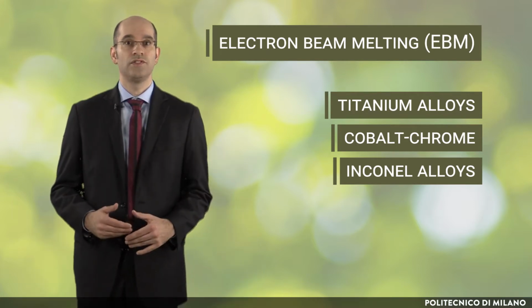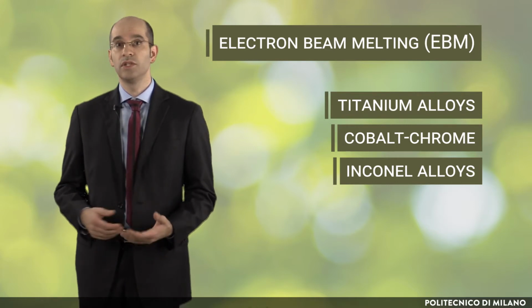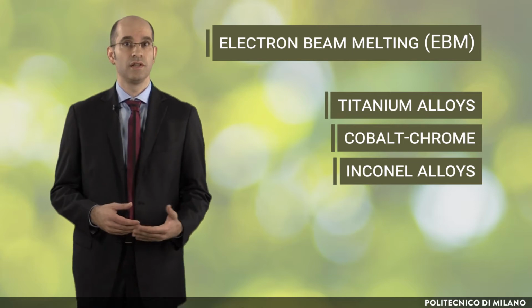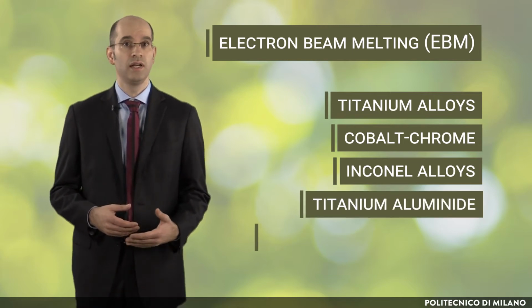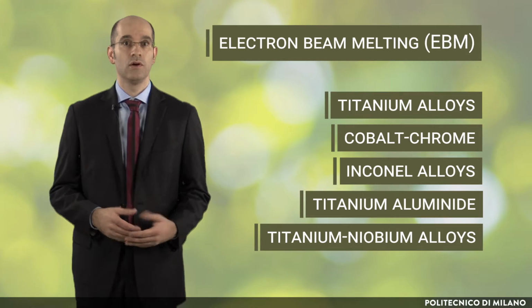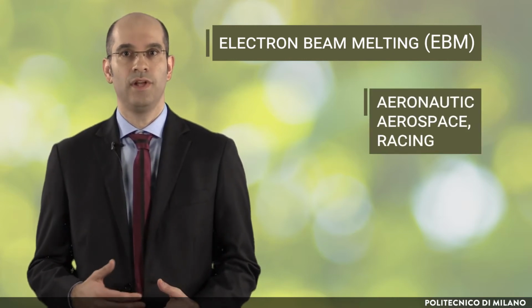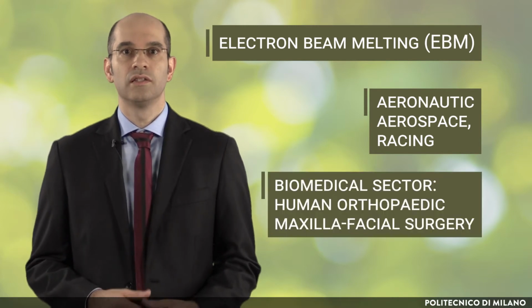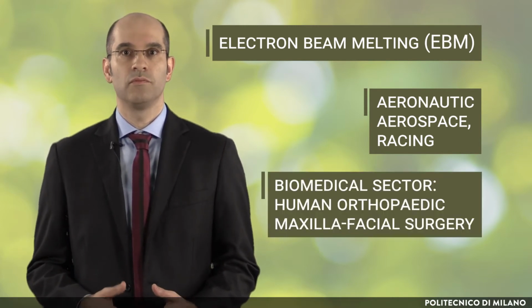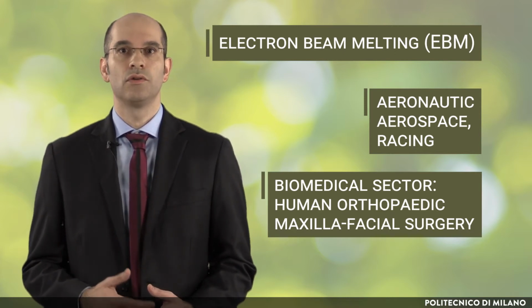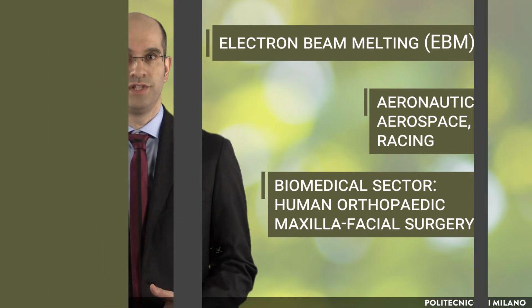Thanks to this technology, components can be created with materials difficult to melt through traditional techniques, such as titanium aluminide, titanium niobium alloys, or other elements. Electron beam melting is currently employed with success in the aeronautic, aerospace, and racing fields. Mostly, the biomedical sector benefits from this technology, and in particular, human orthopedic and maxillofacial surgery.